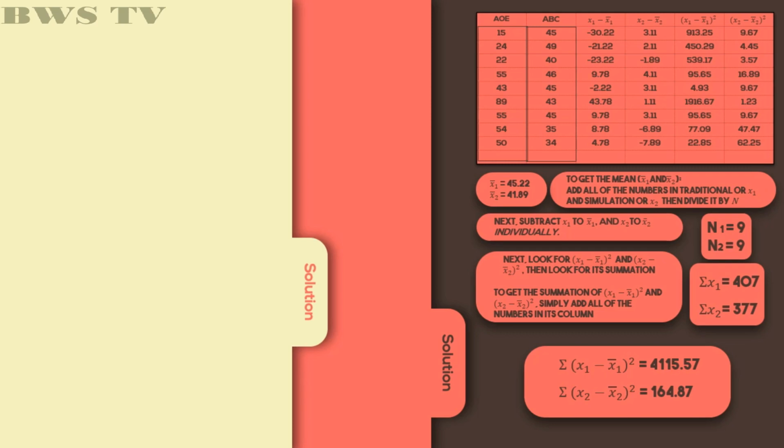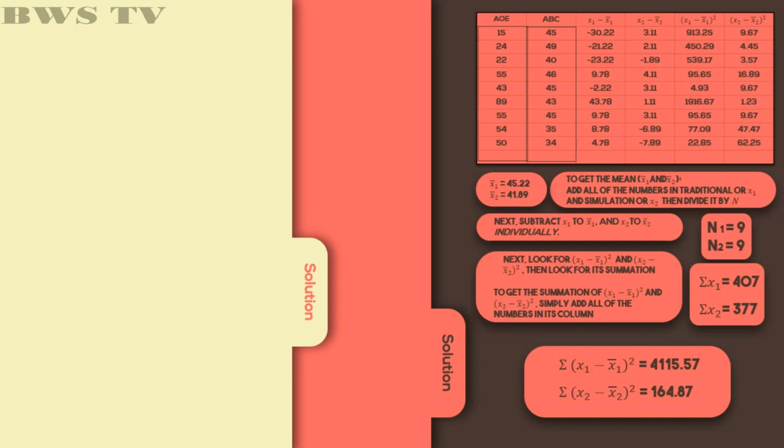Get the summation of x sub 1 and x sub 2. Summation of x sub 1 is equal to 407 and summation of x sub 2 is 377. Get the mean of x. Get mean 1 and mean 2. Mean 1 is equal to 45.22 and mean 2 is equal to 41.89. Now let's complete the table. Complete x sub 1 minus mean 1 and x sub 2 minus mean 2.